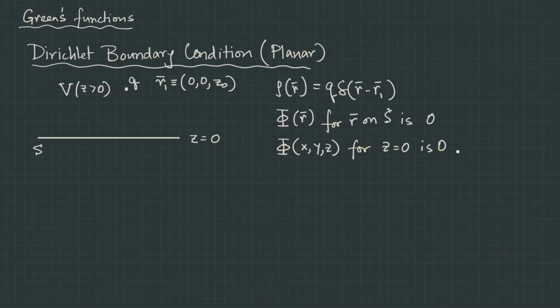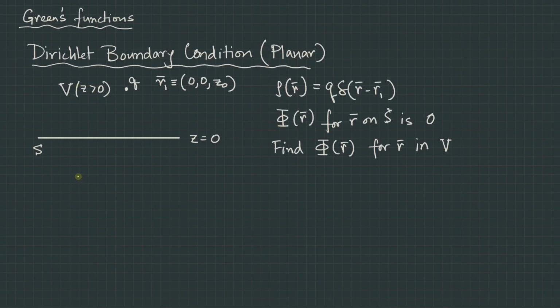These two are the same statements. So now we have defined our problem, and like all Dirichlet problems, we need to find the potential for R in V. That is x, y, z, where z is greater than 0.